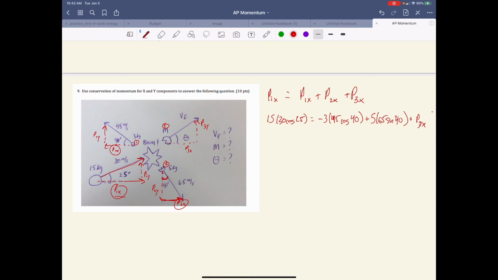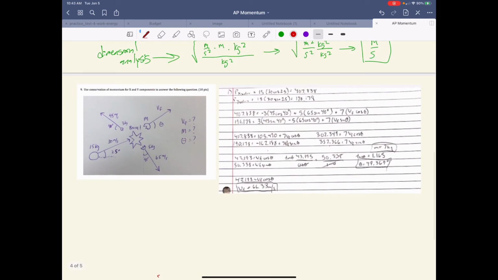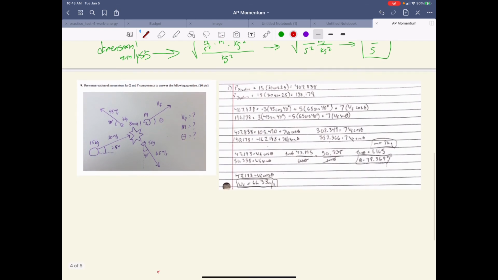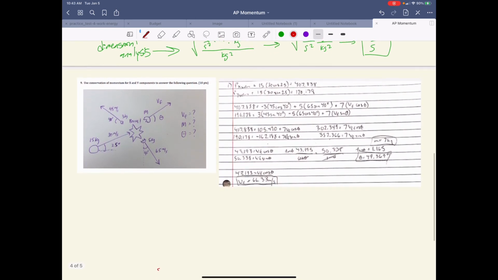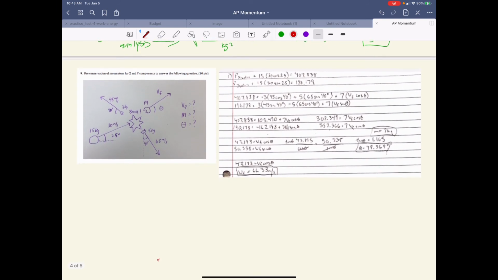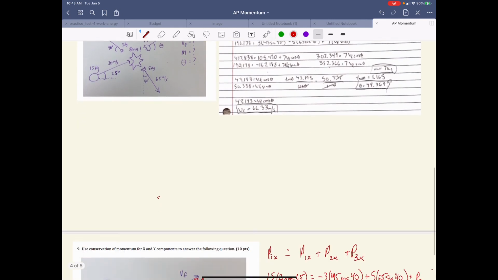So now, if we calculate this out, remember, all these things are numbers, which leaves P3x equal to, and I'm going to take a look at my answer key up here, P3x. That looks like 302.35.